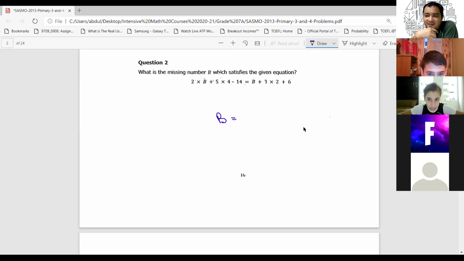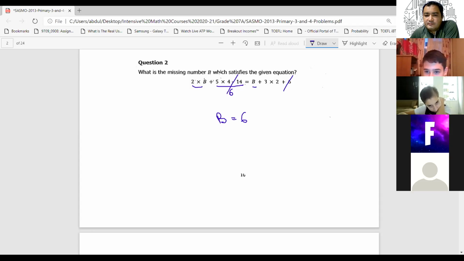Here we have 20 minus 14. What is it? It is 6, right? So the 6 is gone. And here we have 2b, here we have 1b, so 1b is gone. So b is equal to 6. A student asks: aren't you supposed to do 2 times b and then 5 times 4?